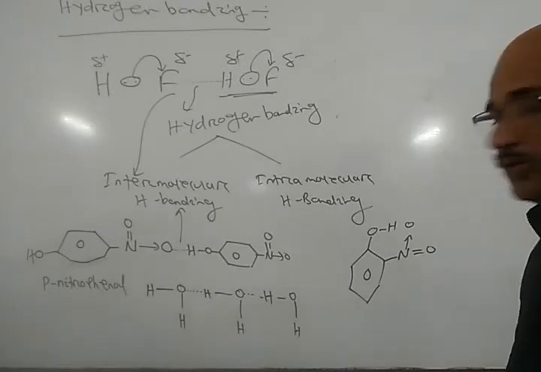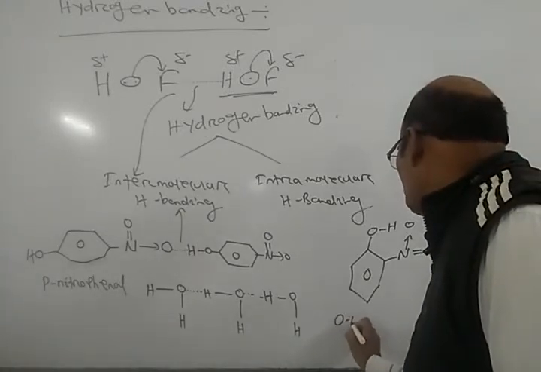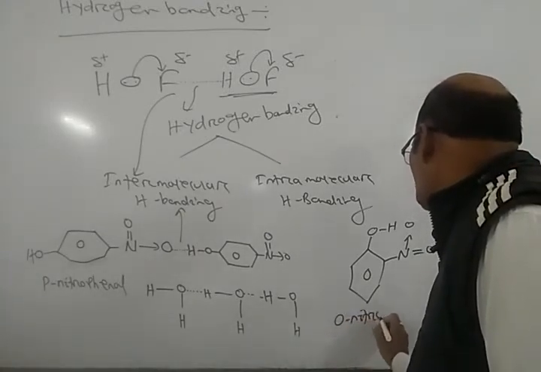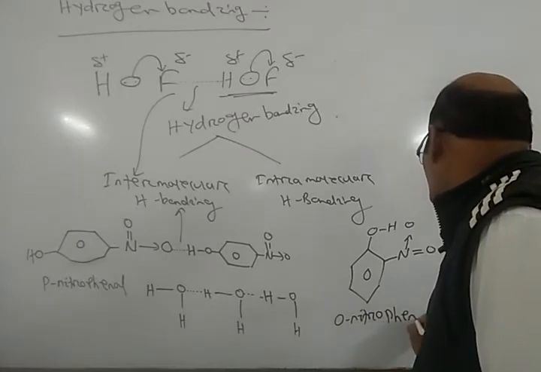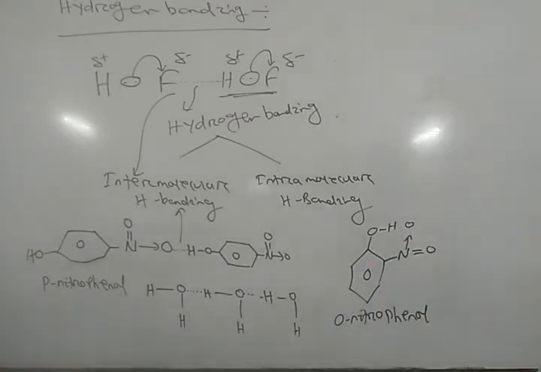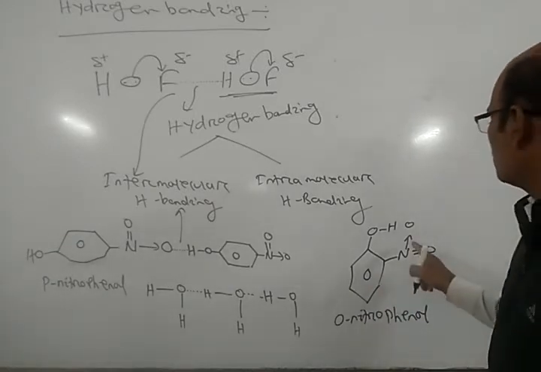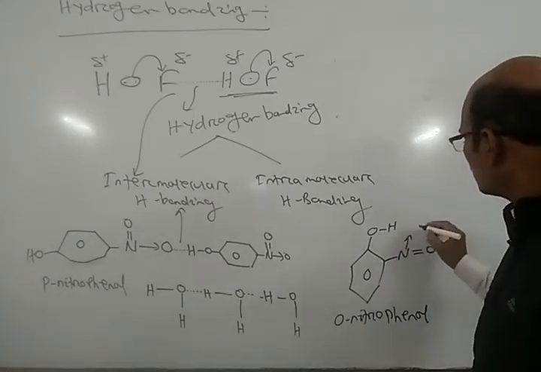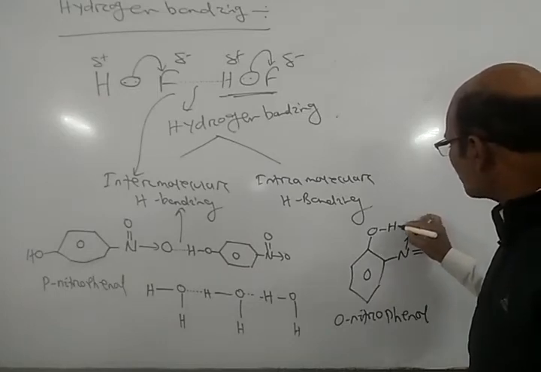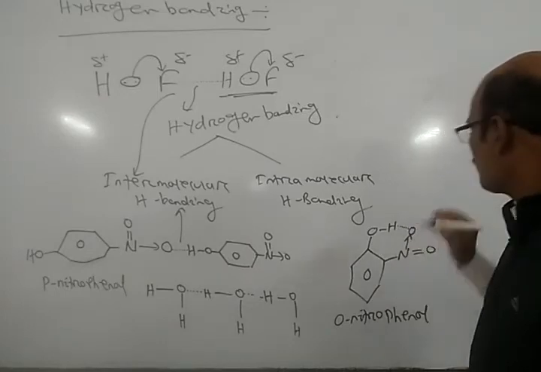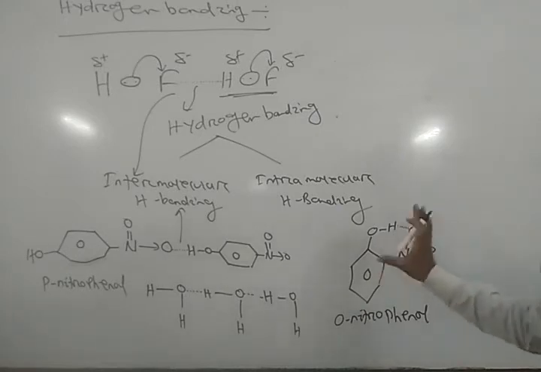Okay. And suppose we take the case of this. This is called orthonitrophenol. So in the case of orthonitrophenol, you will see this oxygen and this hydrogen. See, this is within the molecule.